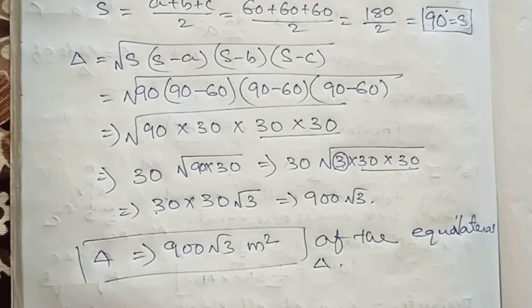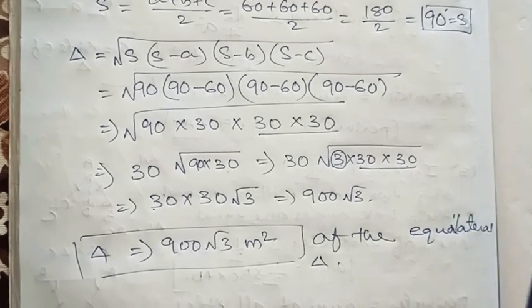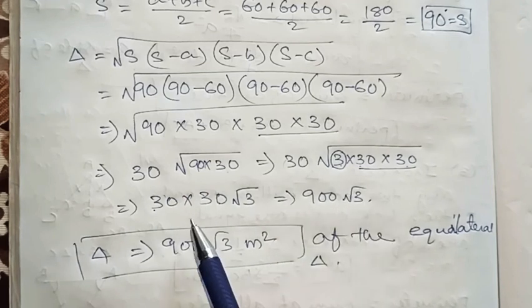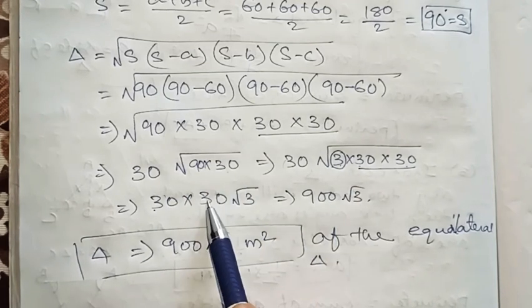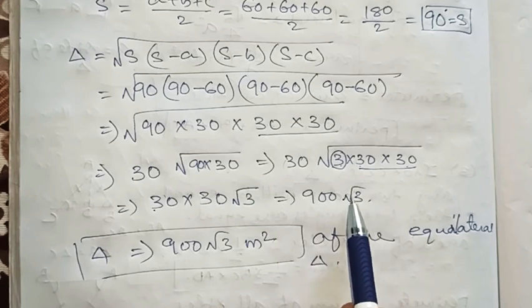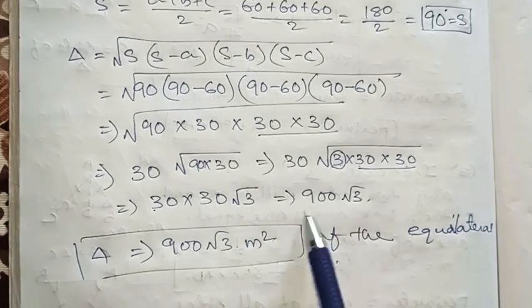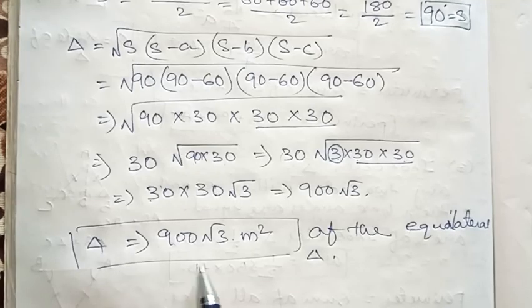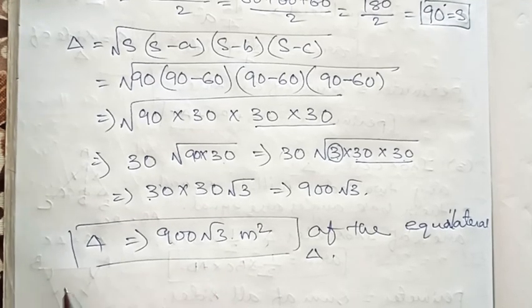Getting it? So whenever you get any question, find out a, b, c, use Heron's formula, find out the pairs of numbers and take out one number outside the square root, then whatever is left inside the square root, leave it as it is, multiply the rest of the numbers. So we got 900 root 3.